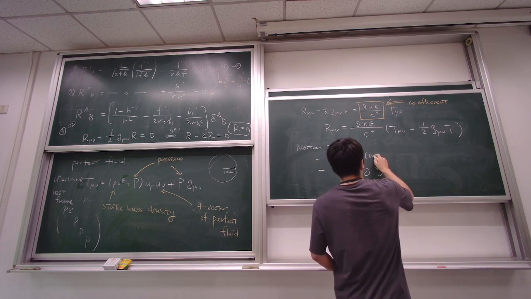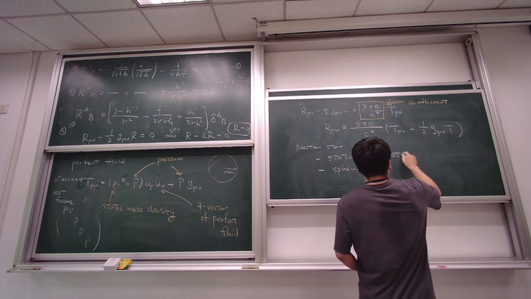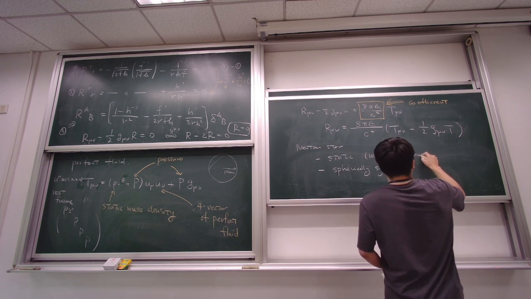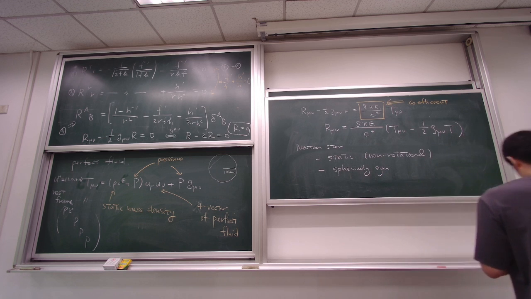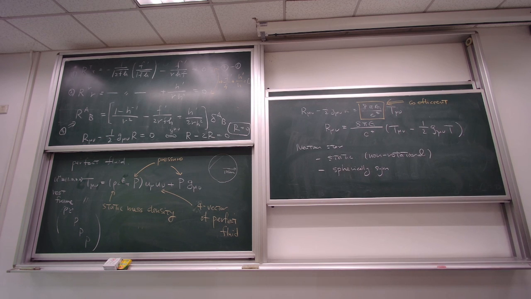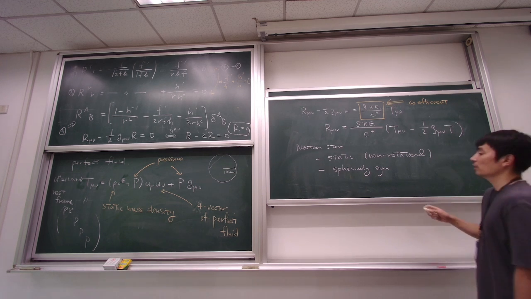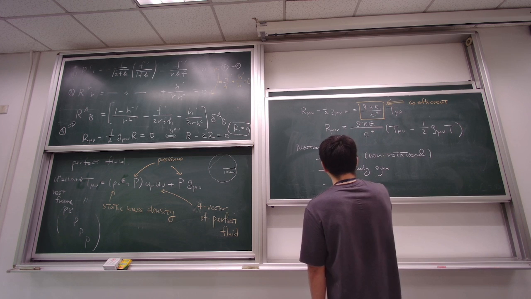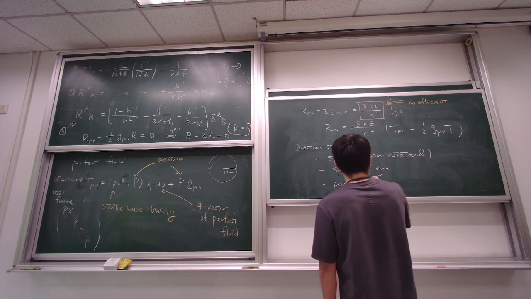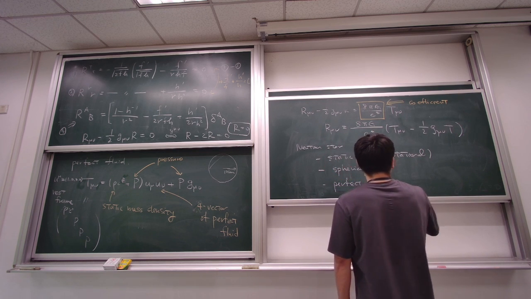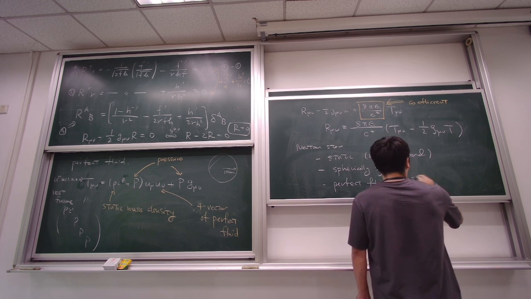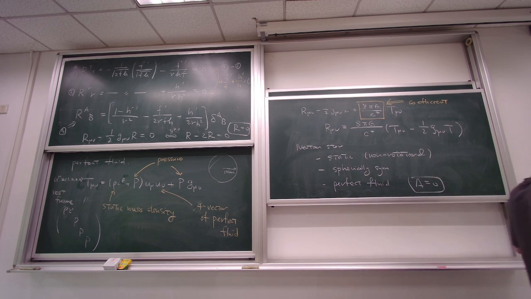This means non-rotational. Spherically symmetric, plus perfect fluid, and of course Lambda equals 0. For the time being, Lambda is always 0, so I don't consider the cosmological constant.